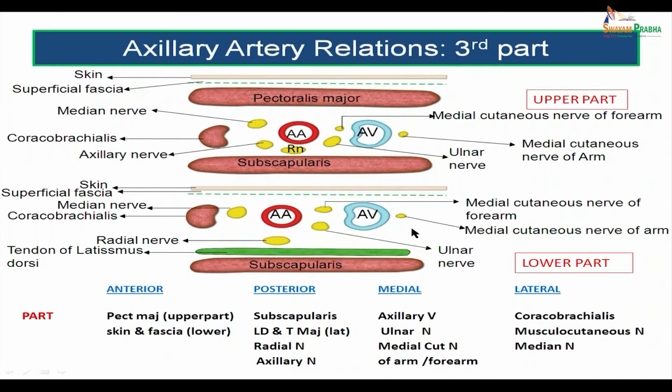Medial relations are, medial most is the medial cutaneous nerve of arm, then axillary vein, then medial cutaneous nerve of forearm and ulnar nerve. Laterally, we have the median nerve and coracobrachialis.